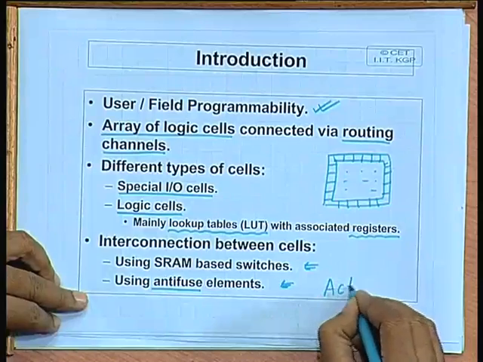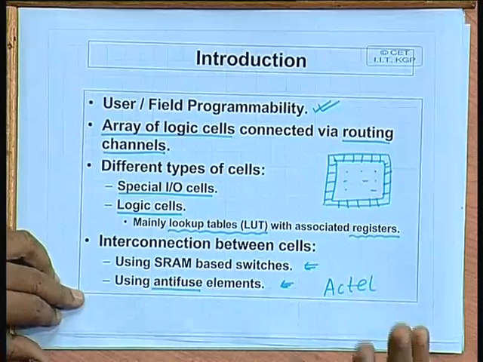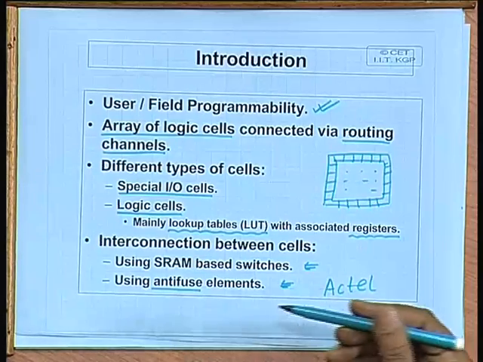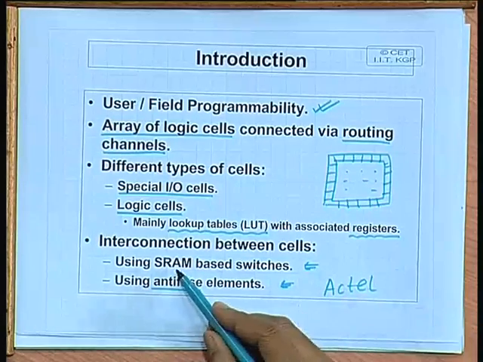Normally there is a disconnection. If you apply a high potential difference, a conducting path gets established. So, Actel is a company which used anti-fuse elements in some of its FPGA families, but now again they have also started using SRAMs.